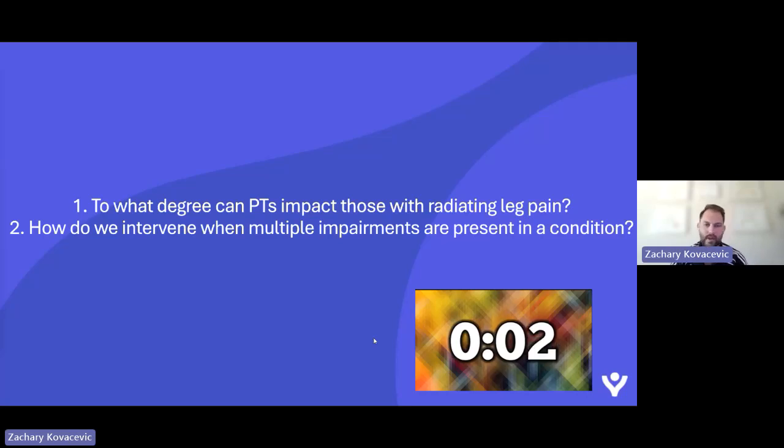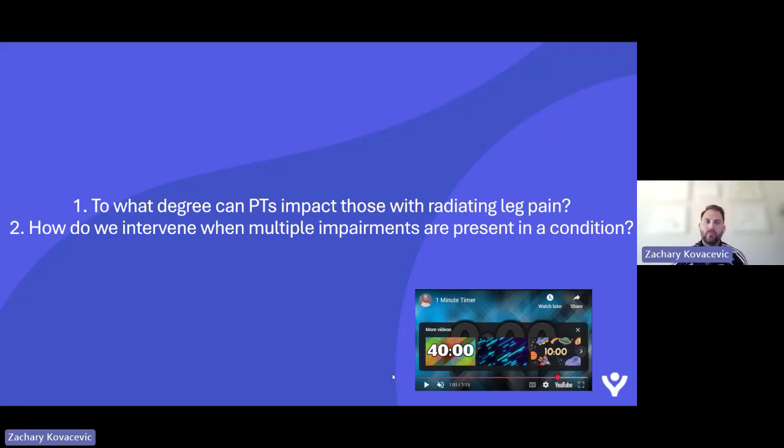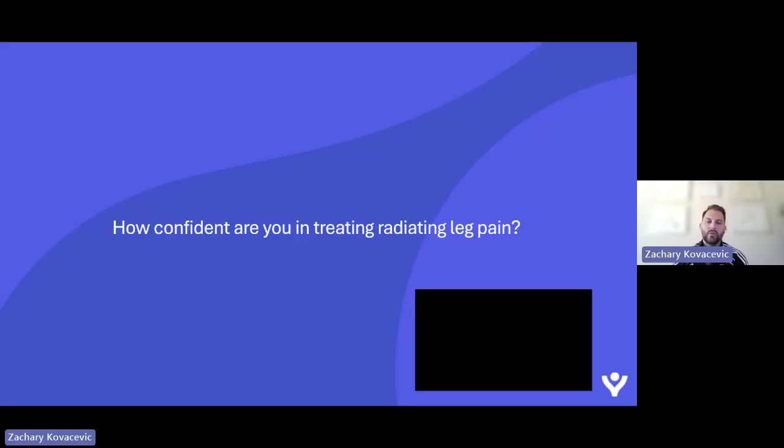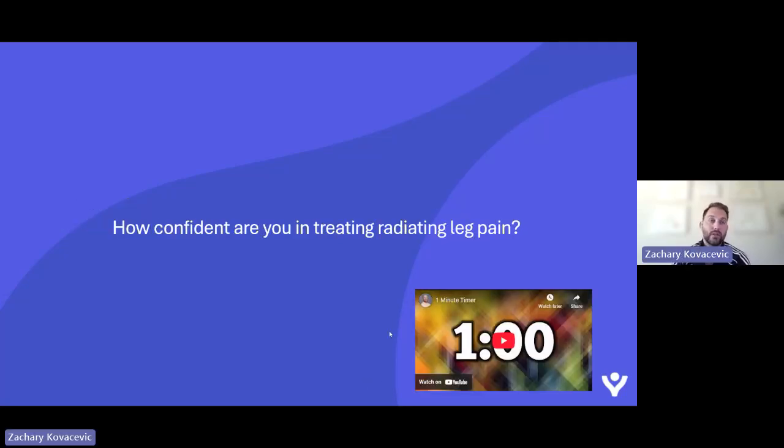Awesome. So thank you for doing that. Finish wrapping that up. And what we'll do now is we'll go to this last question, at least for the time being. You're going to draw a 6 to 7 inch line on this piece of paper, with the left side of the line being numerically rated as 0 and the right side of the line being 10. And you're going to rate your confidence on that 0 to 10 scale in treating radiating leg pain currently. 0 being minimal confidence, 10 being maximum confidence. So we're not going to give you the full minute.